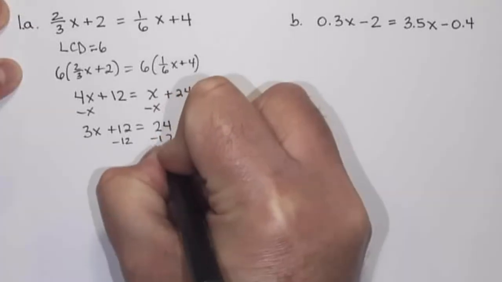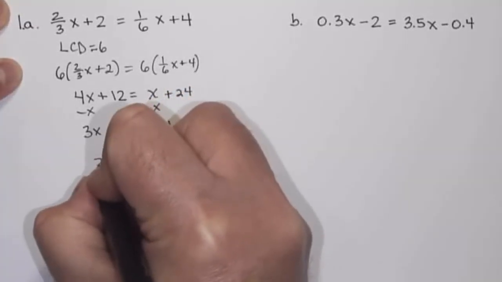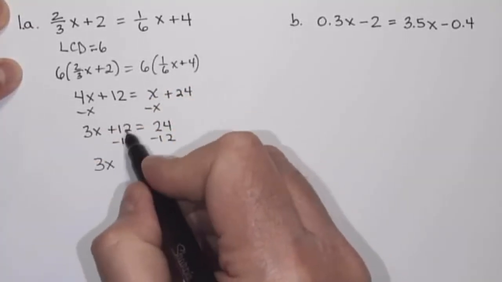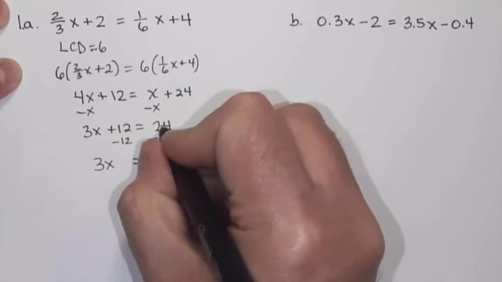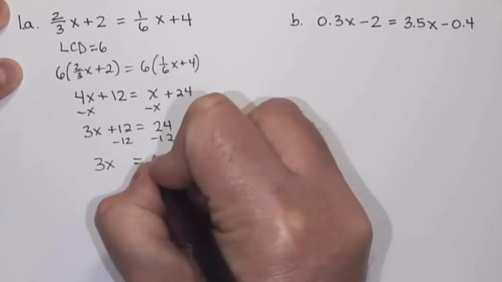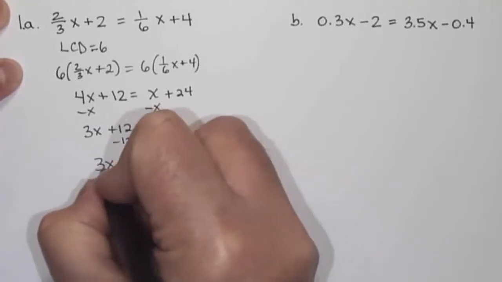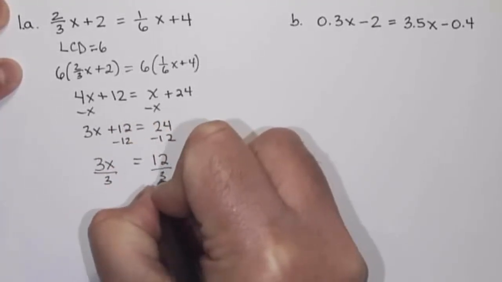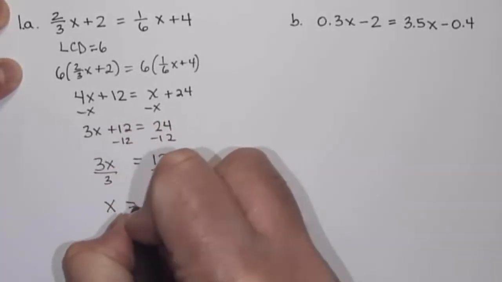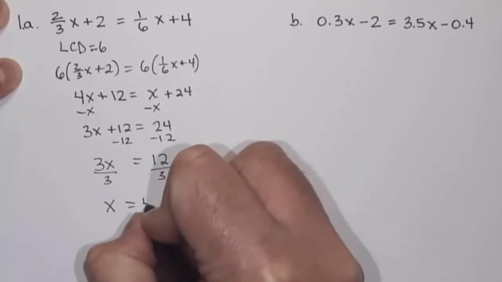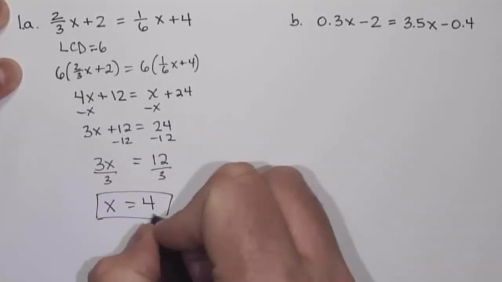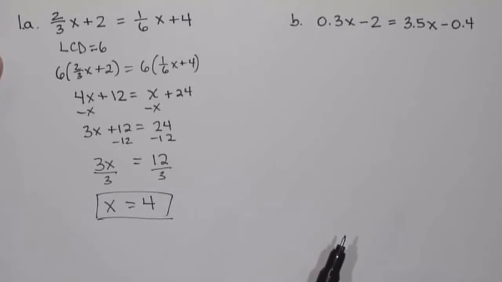Subtract 12 from both sides. On the left-hand side, we're going to have 3x. The 12's go away, and on the right-hand side, 24 minus 12 is 12. And finally, we divide both sides by 3. So x equals 12 divided by 3, which is 4. So the solution to our equation is 4.